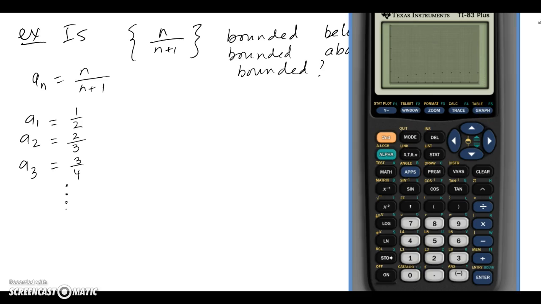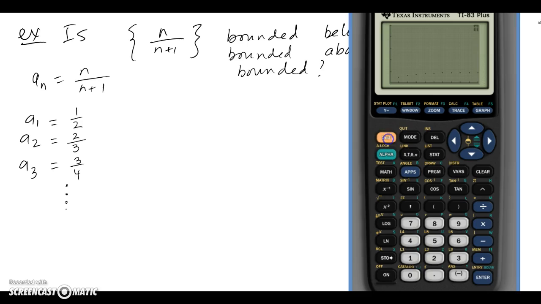My window was from 0 to 10 for x, and 0 to 5 for y. The graph shows me the terms of the sequence, and I can see they're getting bigger and bigger. Notice my y value went up to 5, so it seems they're getting closer and closer to 1, as we would suspect.